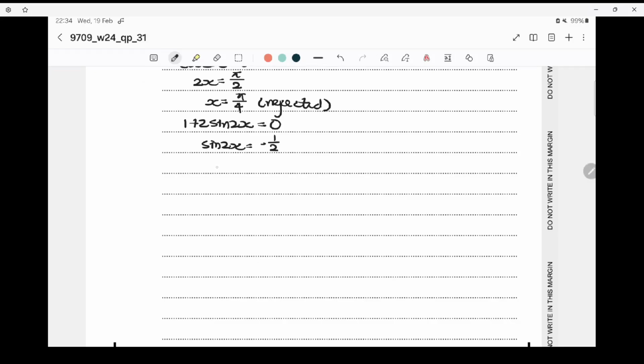So you try to find sine inverse of 1 over 2. So you find that 2x equals 7 pi over 6, and x will be equal to 7 pi over 12. So you don't need to find all the solutions. You just need to find the solutions that lie between the given domain.